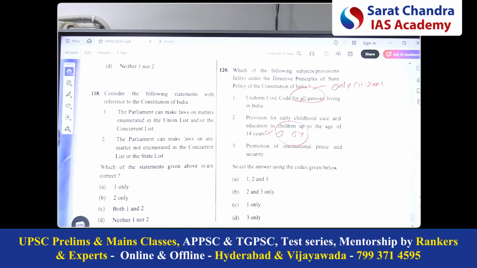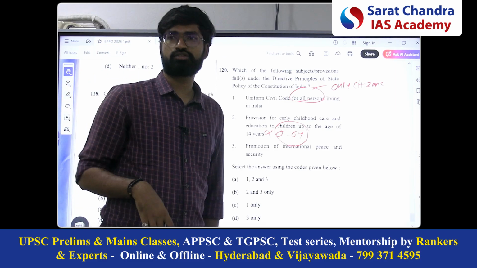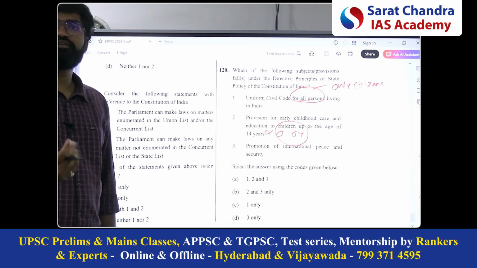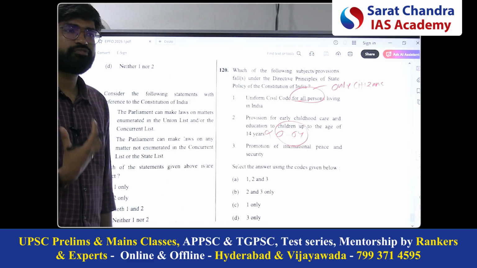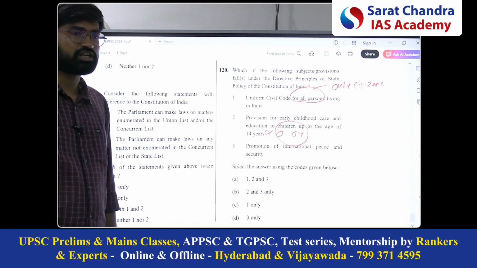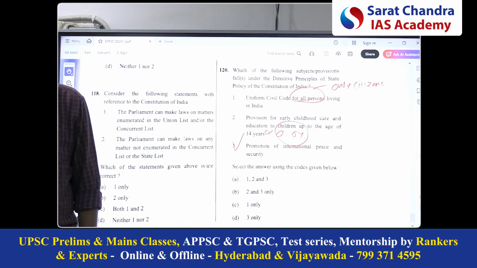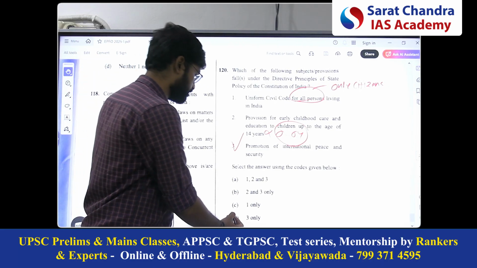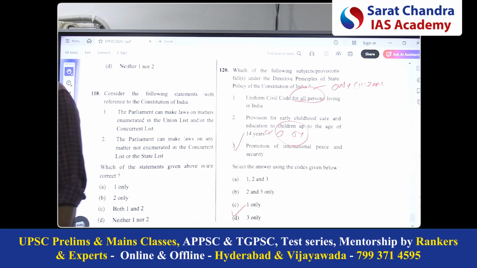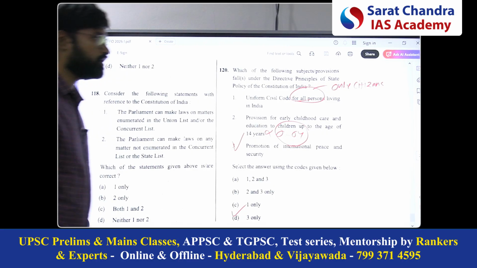The 86th Constitutional Amendment Act changed the fundamental duties, DPSPs and the fundamental rights, all. They added Article 21A, education up to 14 years of age. That is under fundamental rights, not under DPSP. Only this thing is there. Promotion of international peace and security is Article 50 of the Constitution. So D is the right option. Okay. This is how UPSC tries to play with the options also.